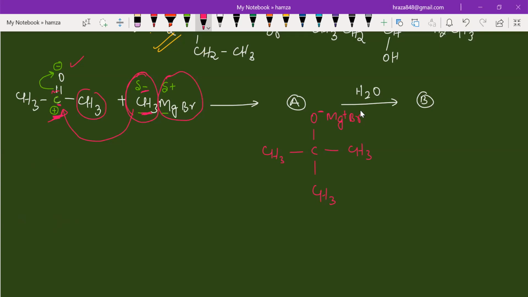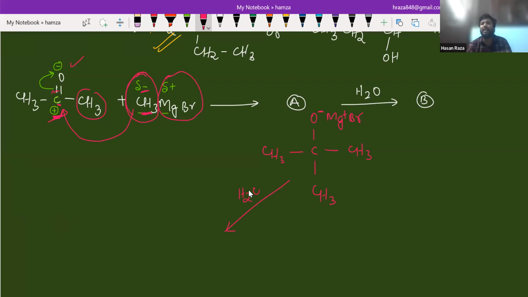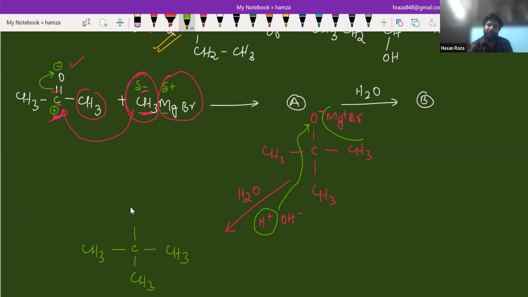Sneha, Hamza and Fawaz, you also please respond. Now see, H2O. You are going to do hydrolysis. H2O has two parts, H plus and OH minus. Now it's very easy: nature of charge. This positive will go to this negative and this will be eliminated. So what we have here is CH3, C, CH3, CH3, and this will be OH, alcohol.